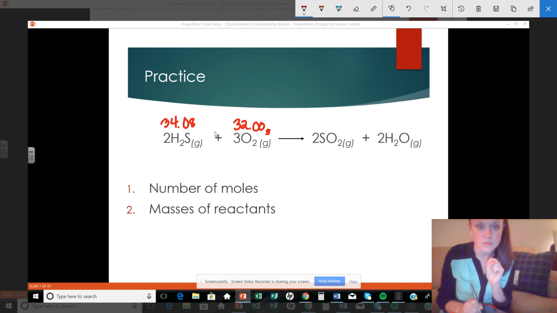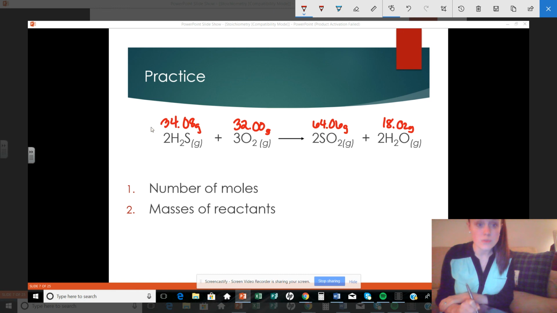grams. This is Casey, include your units. And then sulfur dioxide has the molar mass of 64.06. Dihydrogen monoxide has the molar mass of 18.02 grams. Now those are all the molar masses.